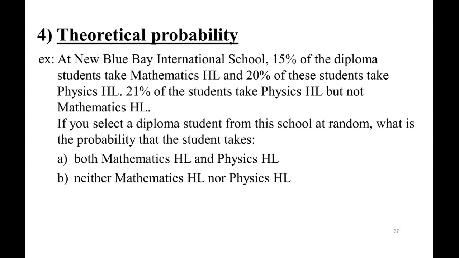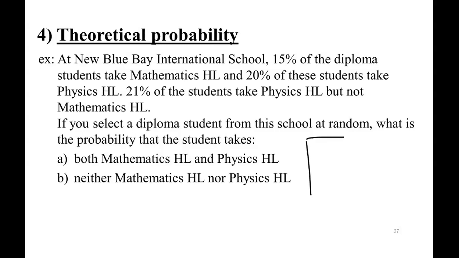So over here, in order to find the probabilities that they want us to find, all we need to do is basically convert this given into a Venn diagram, similarly to what we did in the previous example.